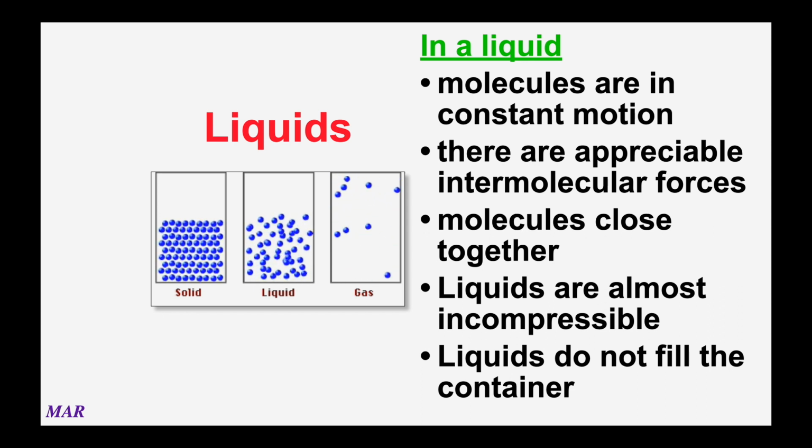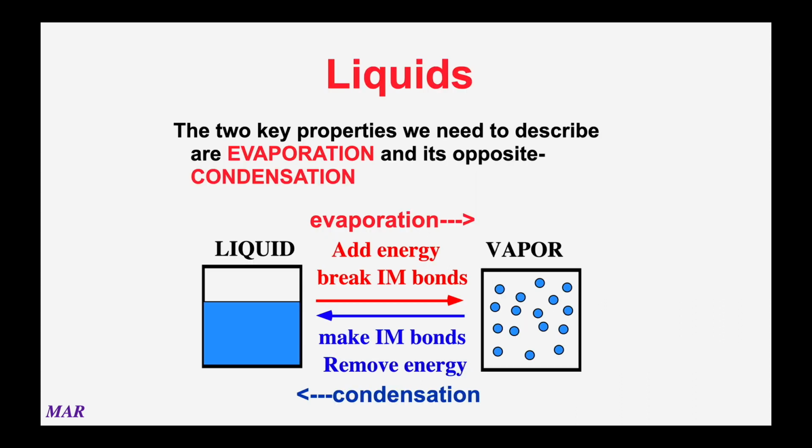So you can probably see then that to turn a gas into a liquid, you would probably have to lower the kinetic energy, which would be one possibility, or you'd have to somehow make intermolecular forces kick in to hold the molecules together. And we'll talk about the transformations between the two in a little bit. If you're going to turn a liquid into a gas, you have to break the intermolecular forces in the liquids.